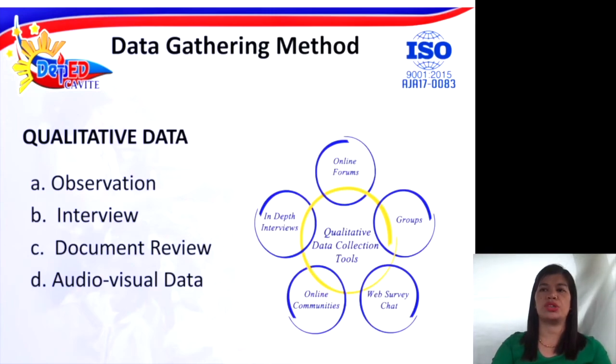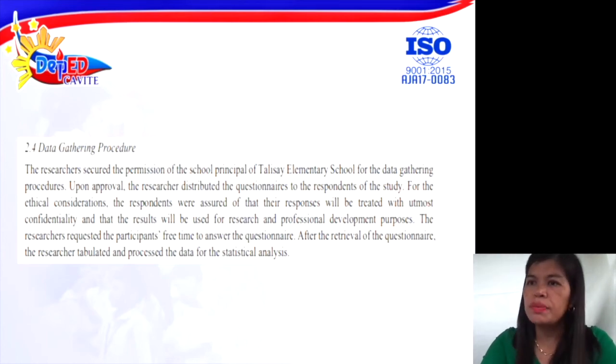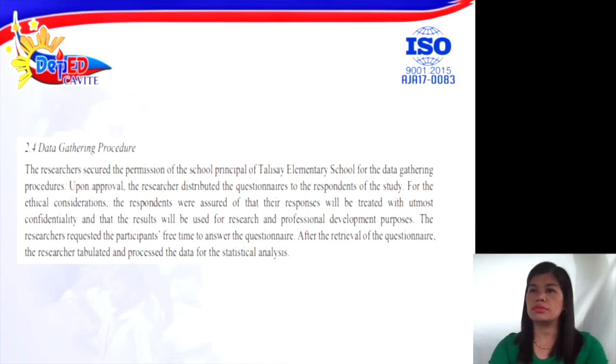That's audiovisual data. So I have here an example of data gathering procedure. The researcher secured a permission of the office of the school principal of the Lisay Elementary School for the data gathering procedure. Usually, that's the first step. Then upon approval, the researchers distributed the questionnaires to the respondents of the study.